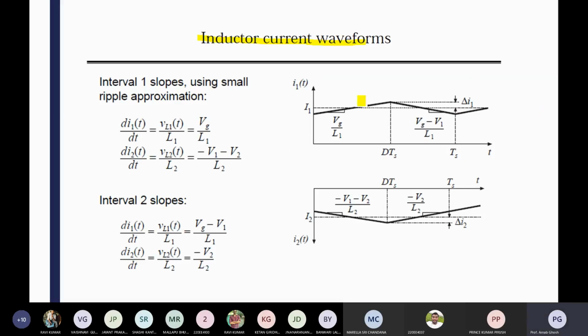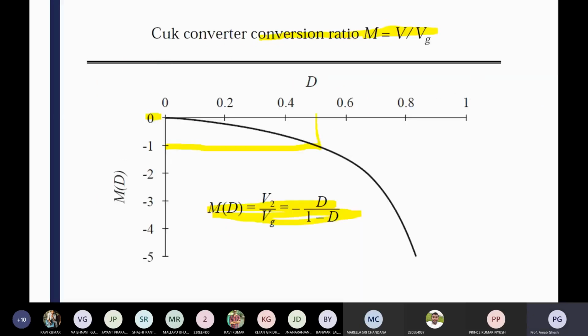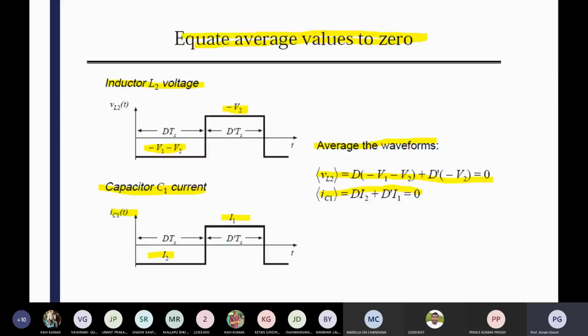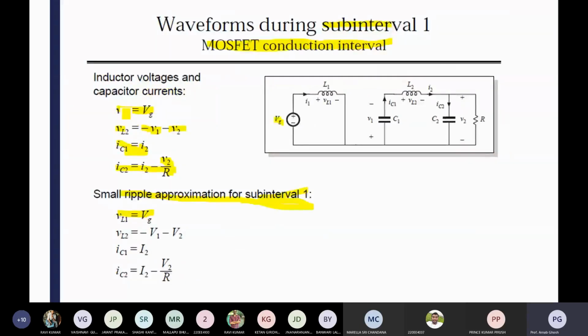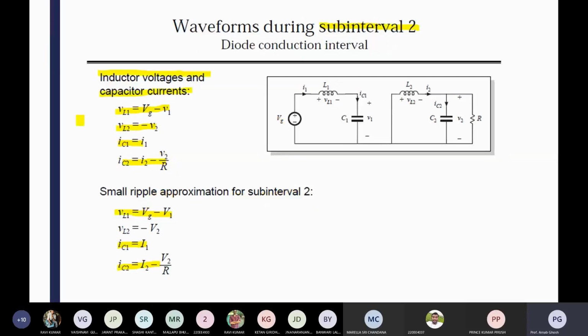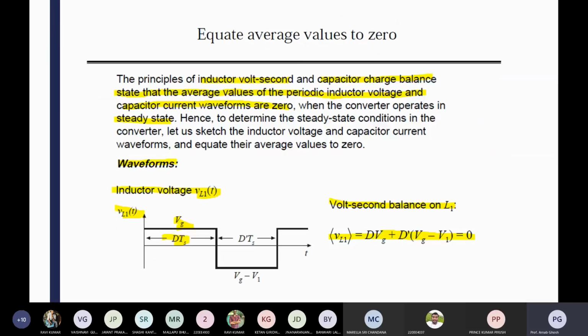So here you can see the inductor current waveforms. For interval 1 you will get some slope, interval 2 the same slope. So you have the inductor voltage expressions from here, inductor voltage expressions for intervals 1 and 2. So you can replace that one with L1 dI L1 by dt, again for L2 dI L2 by dt.